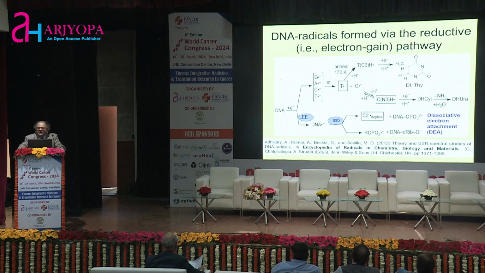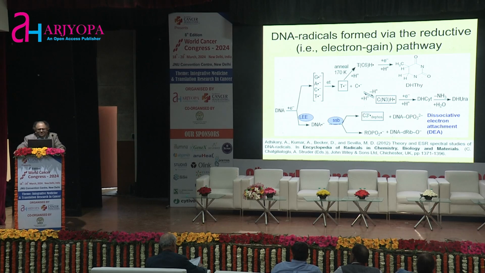Similarly, the anion radicals are Lewis bases or Bronsted bases, and they accept protons. By accepting protons and undergoing another protonation, they lead to dihydrothymine, dihydrocytosine, and dihydrouracil, and the dihydrouracil comes from the deamination of the dihydrocytosine. Some studies have shown that this particular deamination process possibly is linked to oncogene activation.